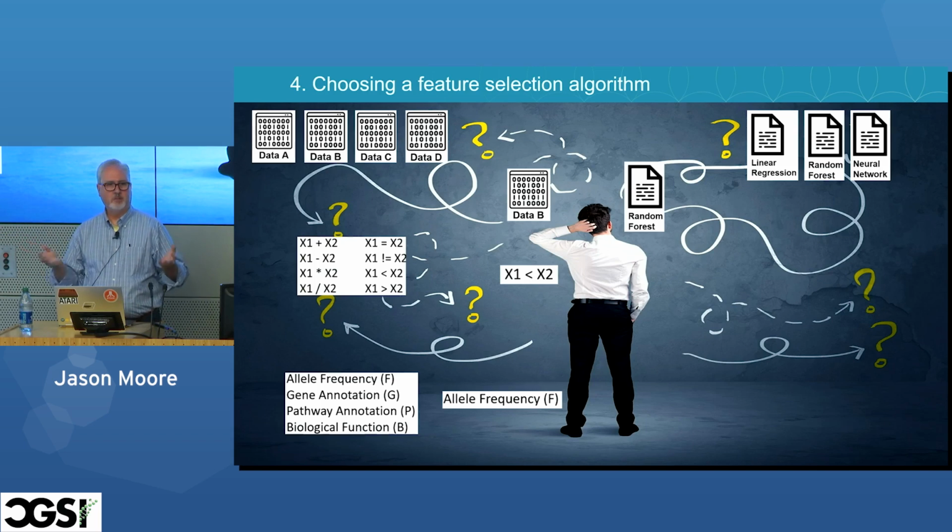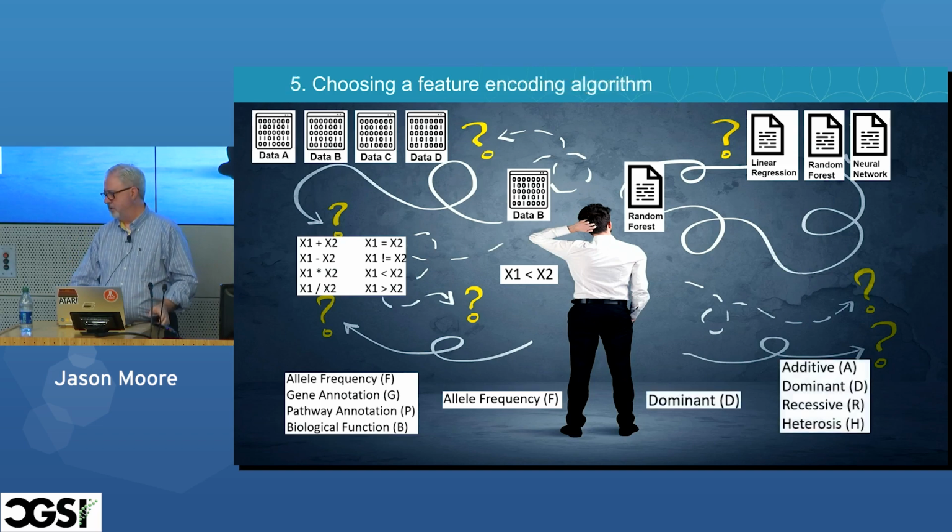Based on gene annotation, maybe you just want to focus on the regulatory regions of genes, the enhancer and promoter of a gene. That's a very reasonable thing to do. Maybe focus on certain biochemical pathways. If you're studying heart disease, you might want to focus on cholesterol metabolism or blood pressure regulation and biological function. So there are a lot of decisions that could go into selecting subsets of features to use.